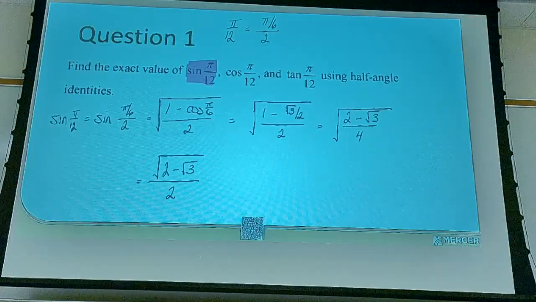Plus? Yeah. Oh, no, square root of 6 minus square root of 2 over 4.